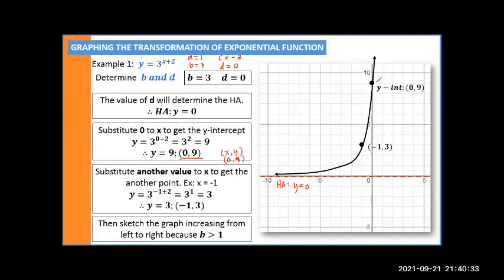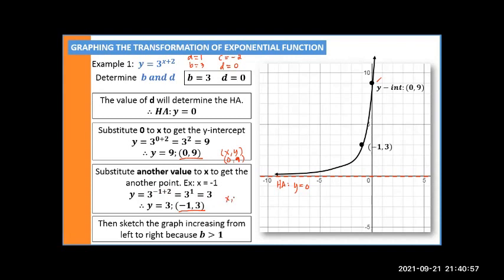Okay? So, halimbawa, sinubstitute ko ng negative 1. So, magiging y is equals to 3 raised to negative 1 plus 2. That is 3 raised to 1 kasi negative 1 plus 2 is positive 1. Then 3 raised to 1 is 3. So, the value of y is 3. So, ang coordinate ngayon ng isa pang point ay negative 1, 3.